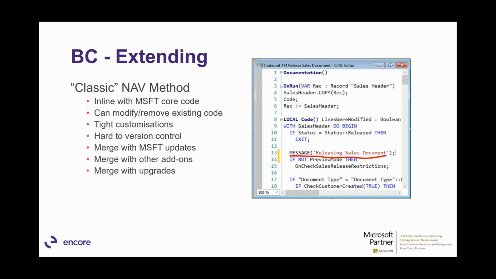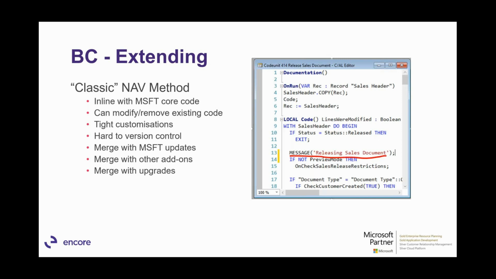It also meant that when Microsoft was to release cumulative updates or hot fixes, we would have to spend time merging the code to make sure we didn't lose your customizations, as well as when doing other add-ons. And in particular, when doing an upgrade to a new major release, there was the requirement to merge the customizations that clients had invested in into the newer version of NAV.